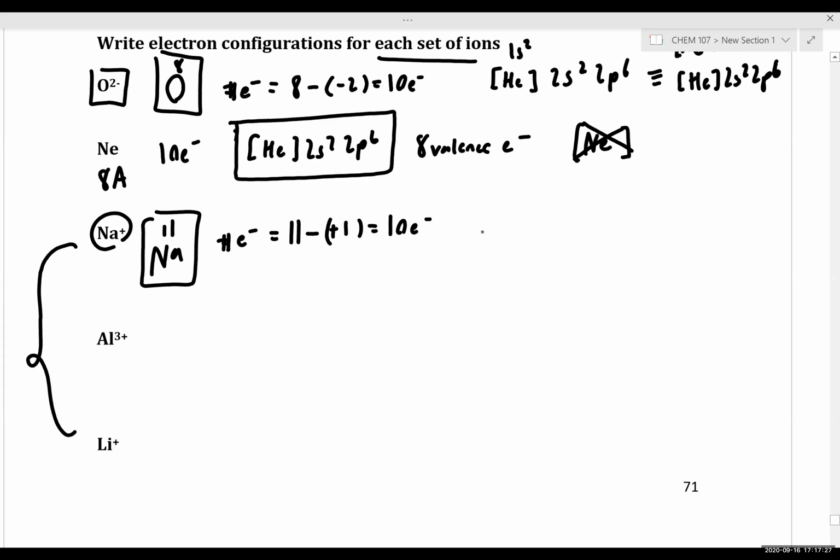Filling our orbitals from lowest to highest energy, we have 1s2, 2s2, 2p6, which could in turn be written as helium 2s2, 2p6. If we have a 10 electron structure, it will have the exact same configuration, same number of electrons, same configuration. Does that make sense to everyone?